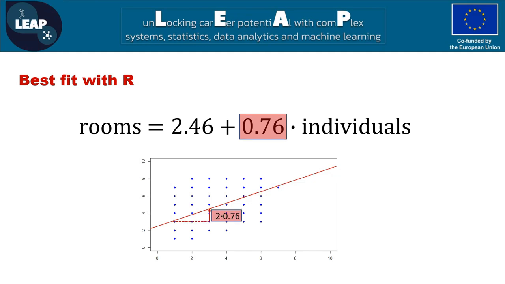If we compare a 1-person household with a 3-person household, we have to multiply 0.76 with 2. If we want to compare a household with 4 people with a household with 6 persons, we have to do the same thing, 2 times 0.76. And if we want to compare a larger interval, for example a household with 2 members and a household with 5 members, we have to multiply the B value 0.76 with 3.